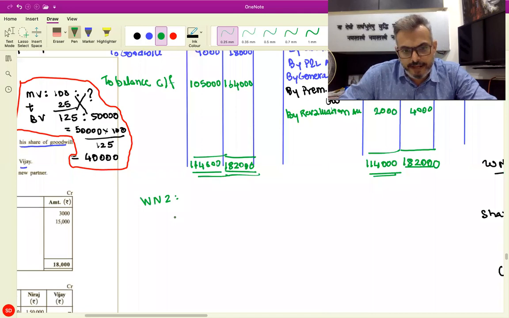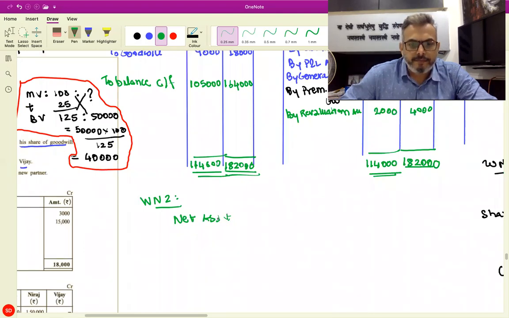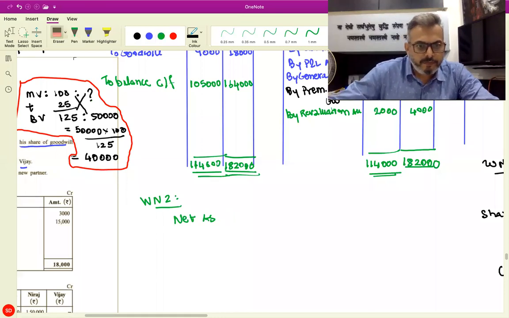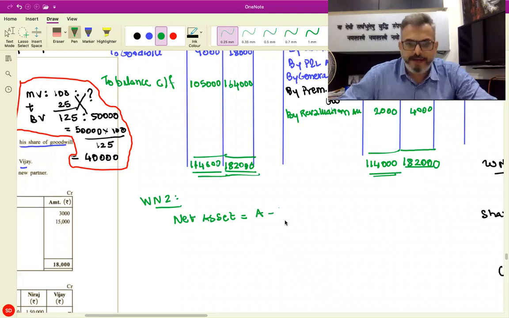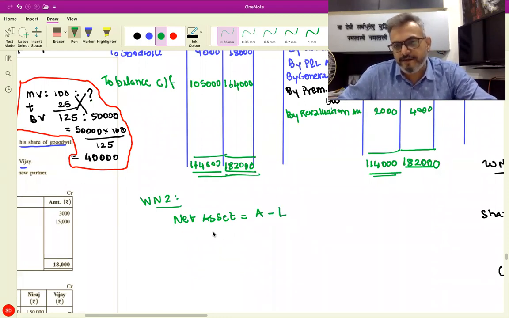Net asset is equal to asset minus liability.